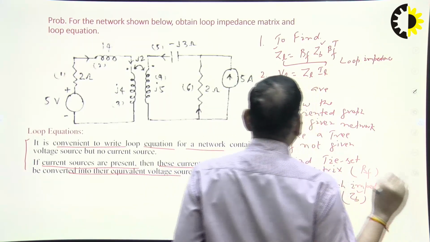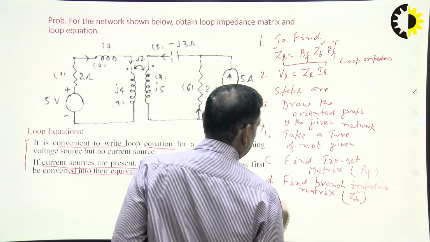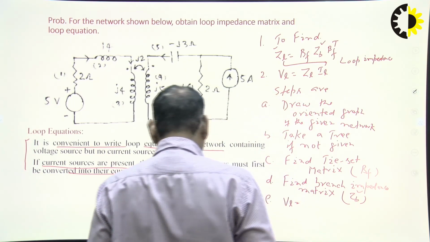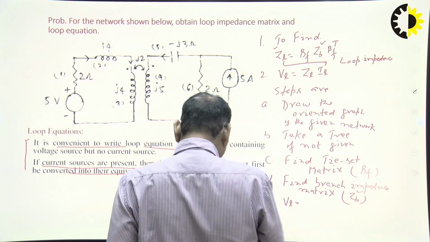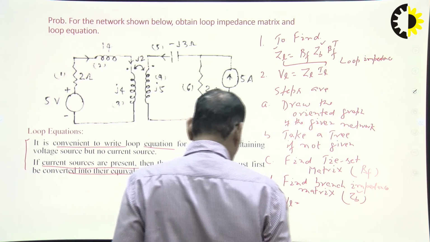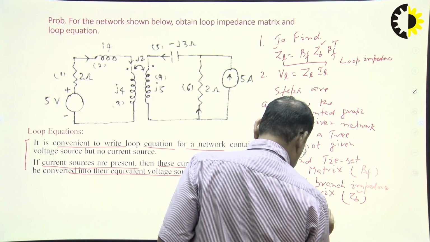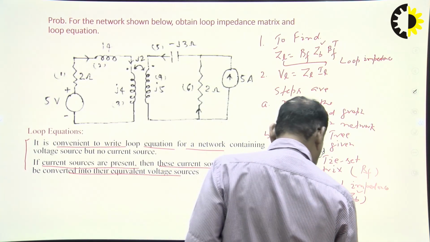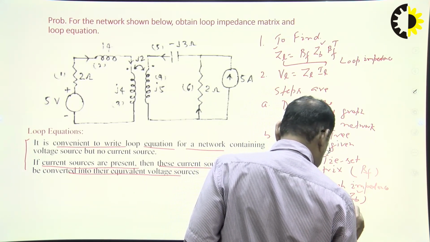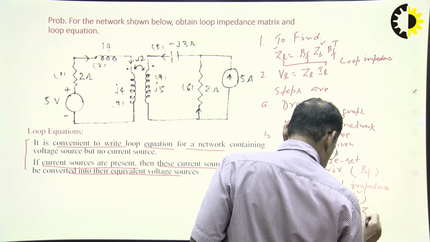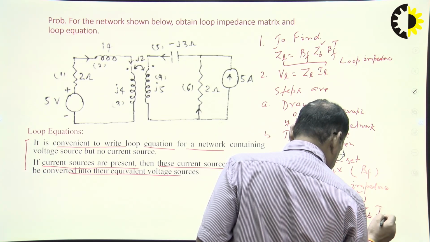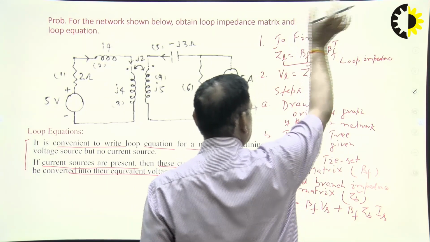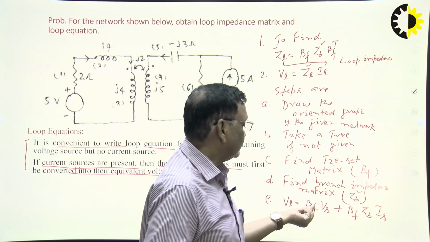VL is ZL IL. Now VL is the tie-set matrix into the voltage source vector plus the tie-set matrix into the branch impedance matrix into IS, that is, BF VS plus BF ZB IS.